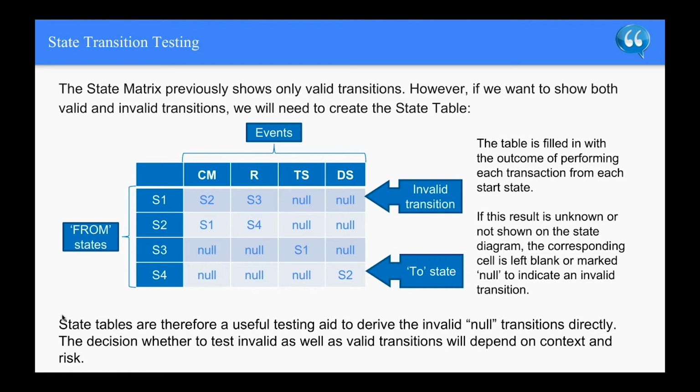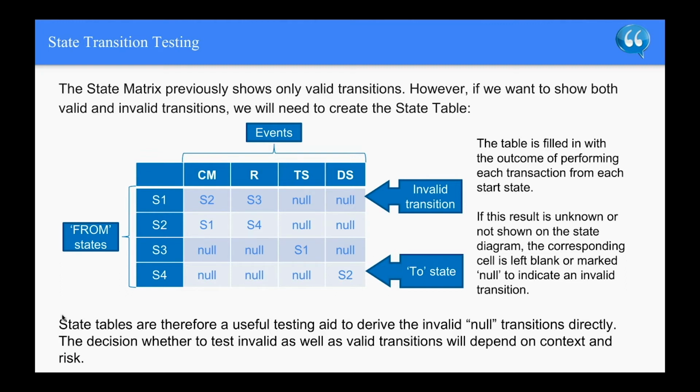The state matrix shows only valid transitions on this table. However, if we wanted to show both valid and invalid transitions, we will need to create the state table. The table is filled in with the outcome of performing each transition from each start state.